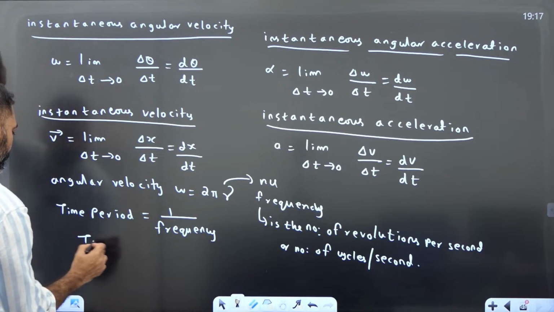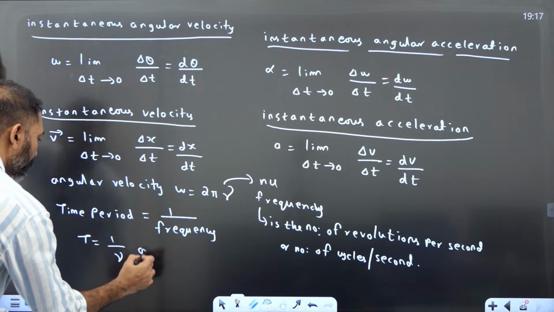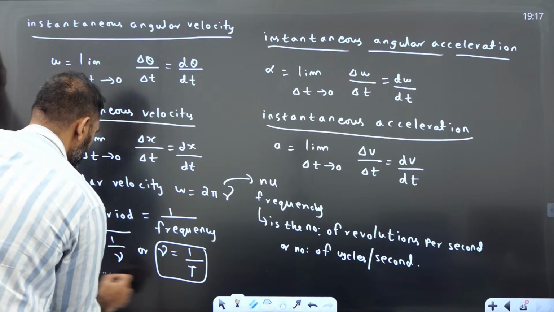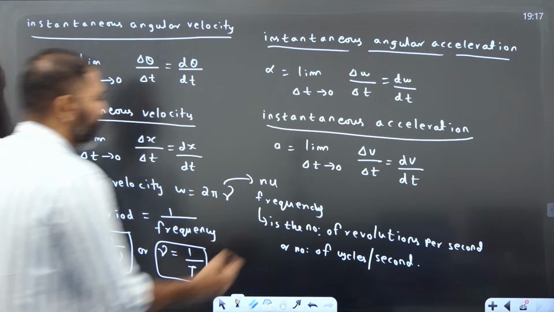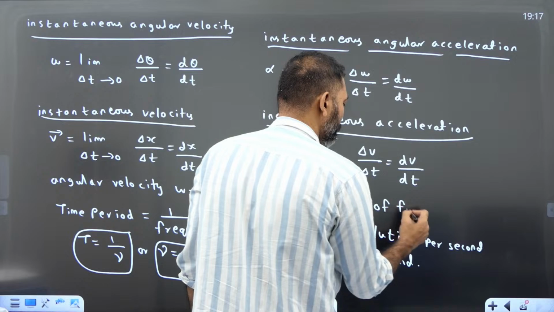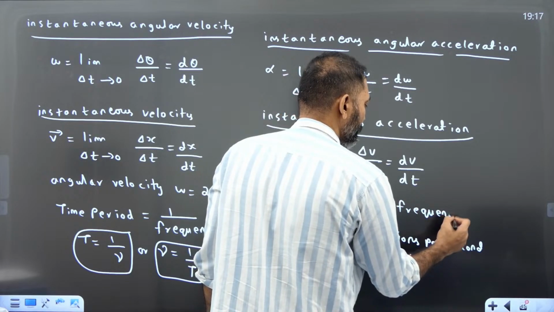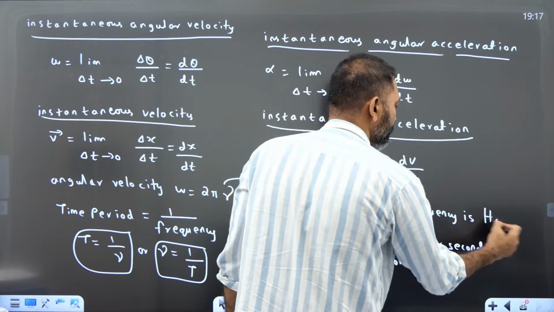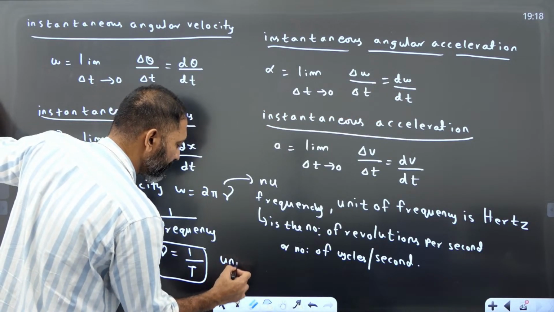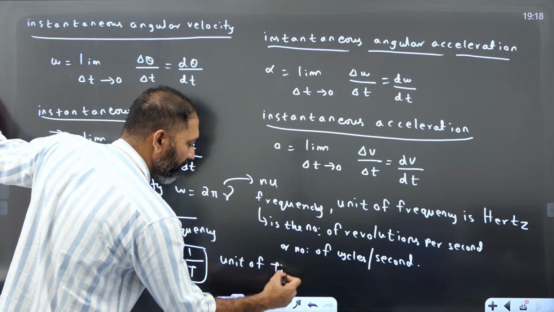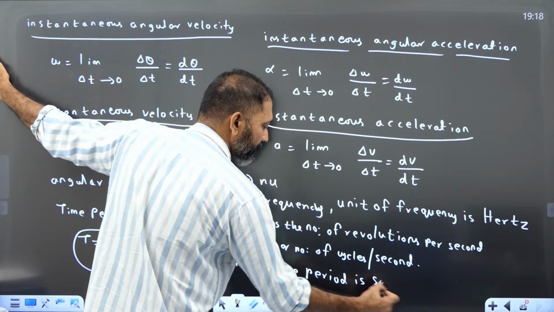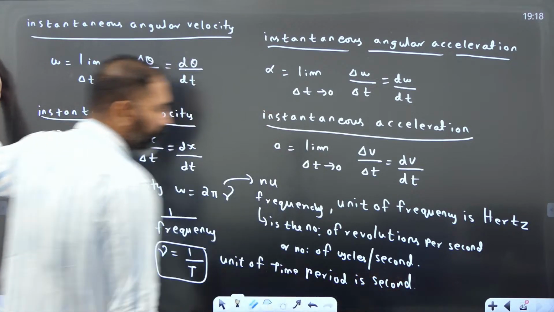So T is equal to 1 by nu, or nu is equal to 1 by T. Unit of frequency is hertz. Unit of time period is second.